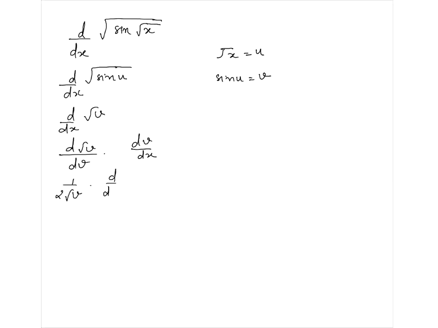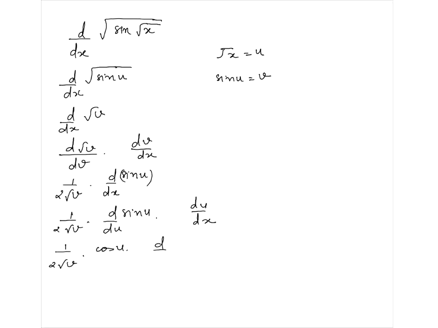Now I'm going to put back what was taken for v. It was sine u. So d dx of sine u. Now sine u we can handle, but we can handle it if this is not x, this is u. So we need chain rule. So that's done. Now d du of sine u is cos u.